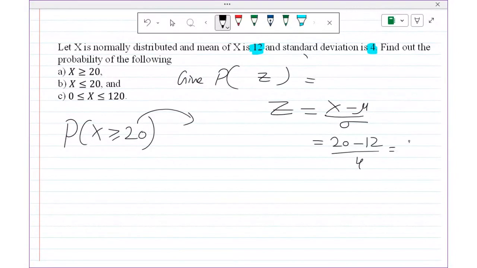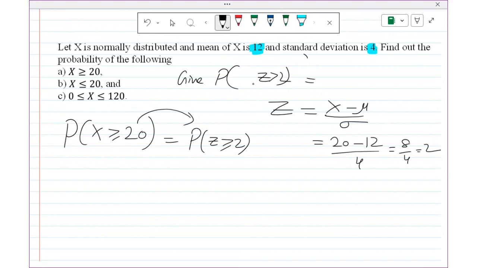So 8 by 4 is 2. So this will be equal to probability of Z greater than 2. In the exam, you may be given the opposite, like probability of Z less than 2, and you have to find greater than or equal to 2. So you can do total 1 minus the opposite.